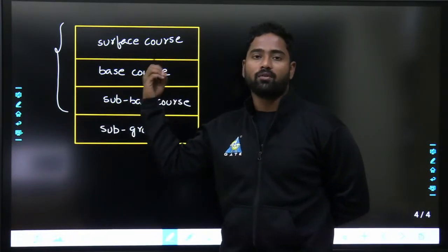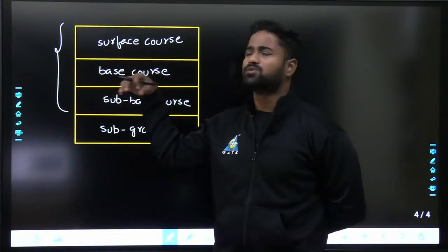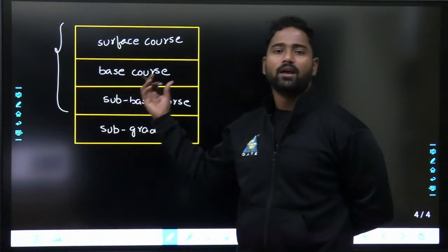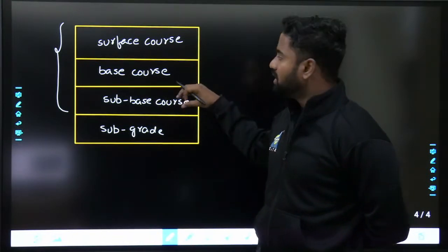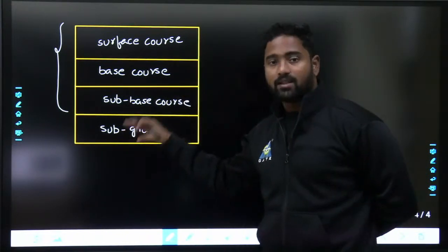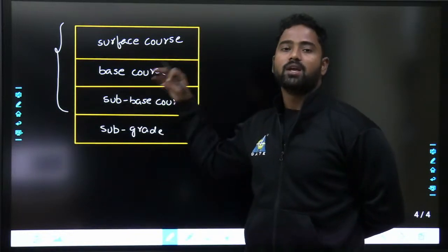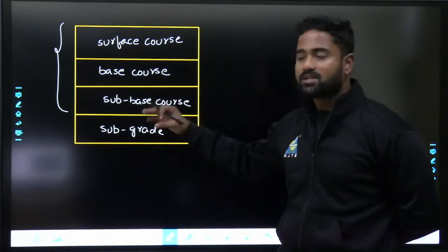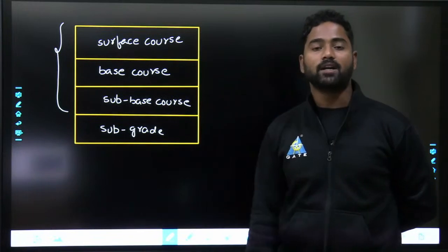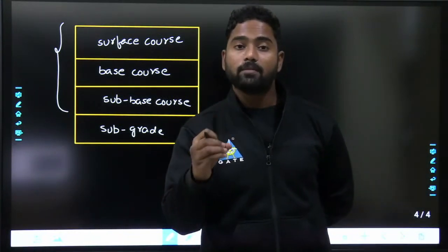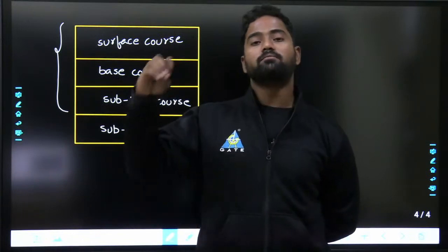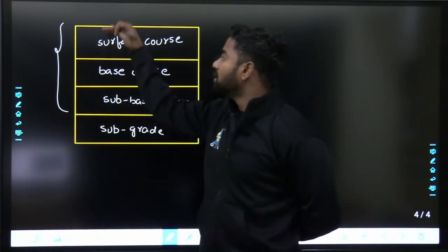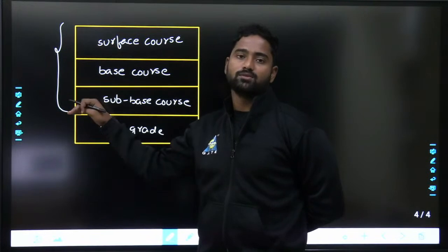Even if you provide clay, you will provide the same thickness. Even if you provide marbles, you will provide the same thickness. That means quality of the material is not considered. For both poorer quality and better quality, the same thickness is provided.